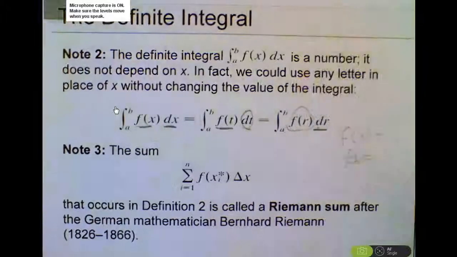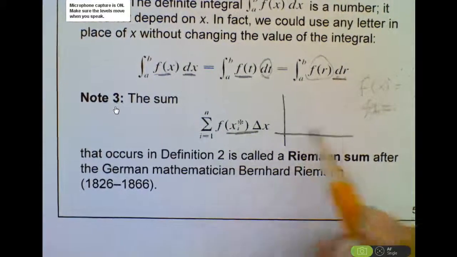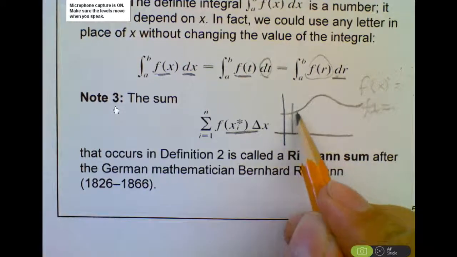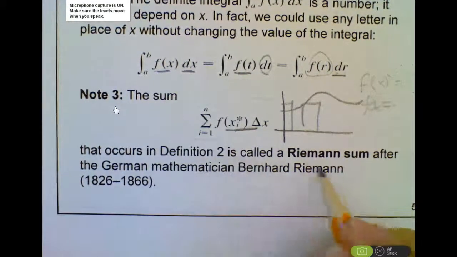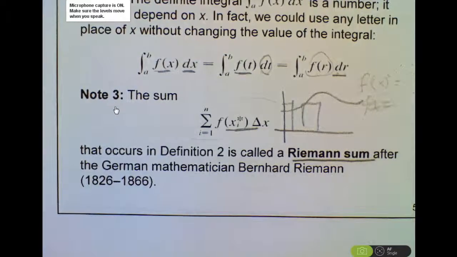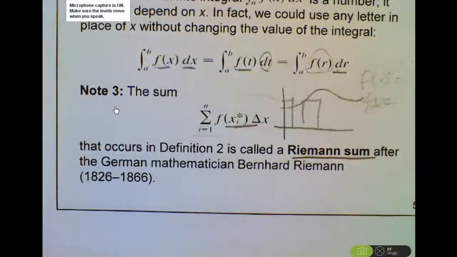Now, whenever we have the sum of all these rectangles that can be made for any function to approximate it, this sum is called a Riemann sum, and it's because this mathematician Riemann invented those. So we're going to call that Riemann sum, the same way we call Pythagorean theorem.